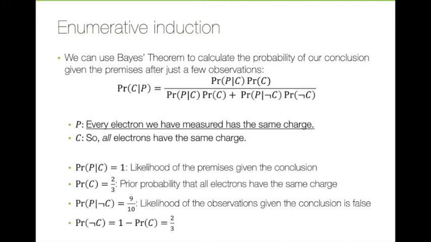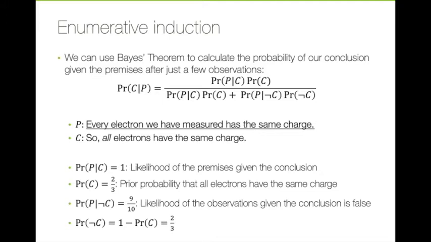So here I've written out the formulation of Bayes' theorem where we're trying to determine the probability of the conclusion given the premise. Filling in for our expanded version of Bayes' theorem, we get what appears on the right side of the equal sign there.